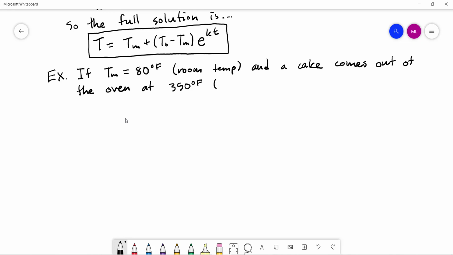So presumably, what we're presuming is that when it comes out of the oven is when we're going to start our timer. So this is the time that we're going to call T0. 10 minutes later, so let's say after 10 minutes, the cake has cooled to, let's say, 150 degrees.